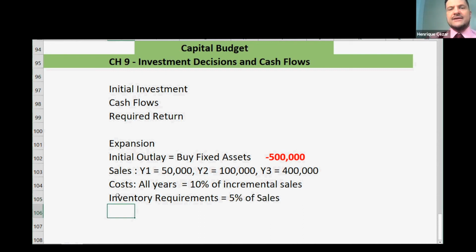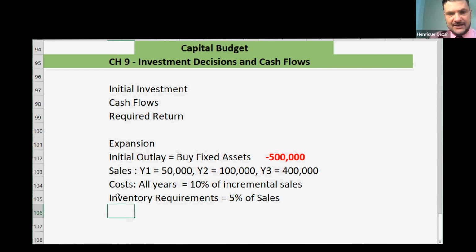We can say inventory requirements for year 1 and 2 will be this much, for year 3 and 4 will be this much, or in this case we only have 3 years, right? So we can make it very complicated here in terms of variables that you need to observe and include in your analysis. I'm not going to make it too difficult yet, but during the lecture, I'm going to make it simple.